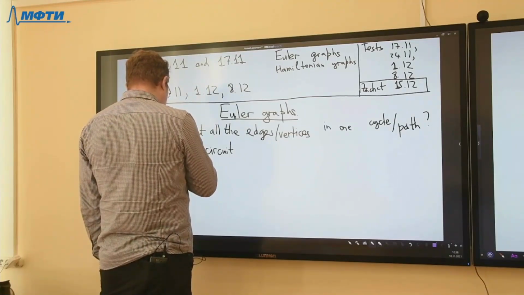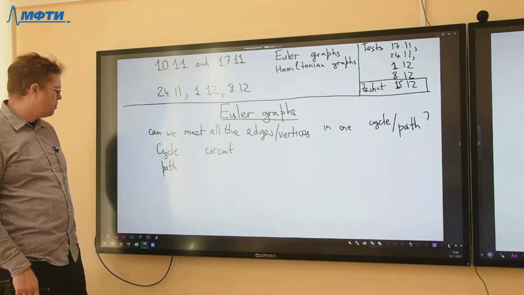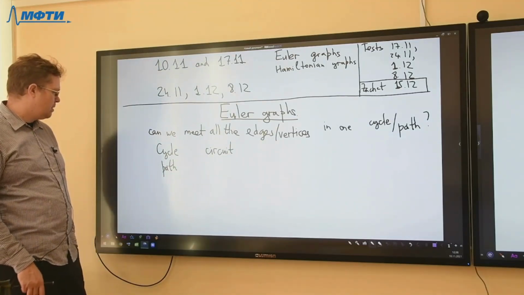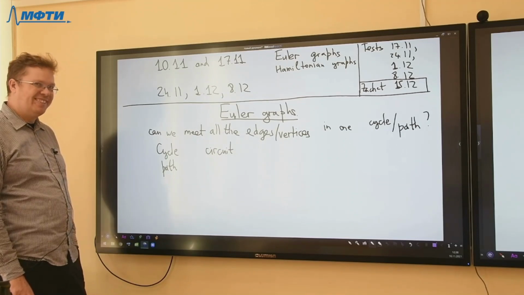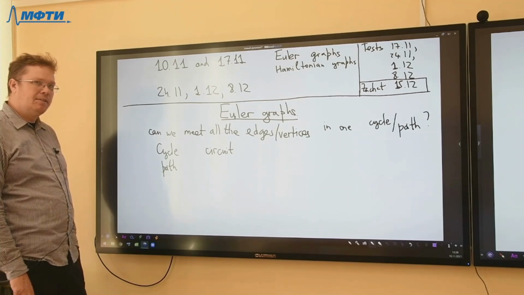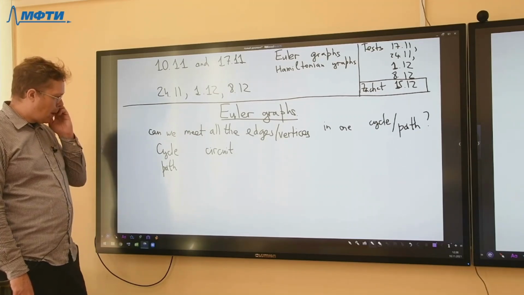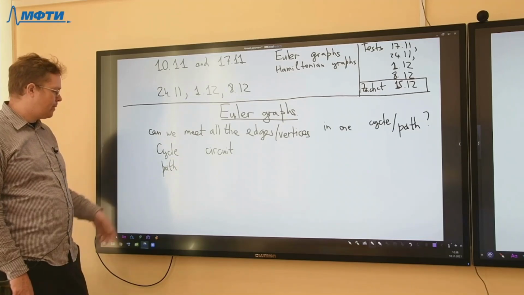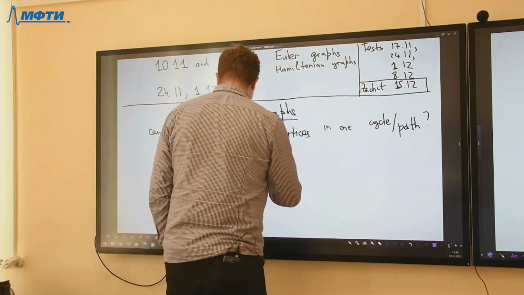Do you know the difference between them? When you say cycle, what do you mean by that? The beginning of the path, one side is the end of the path. Yeah, what is a path? A path is the distance between one and the beginning.